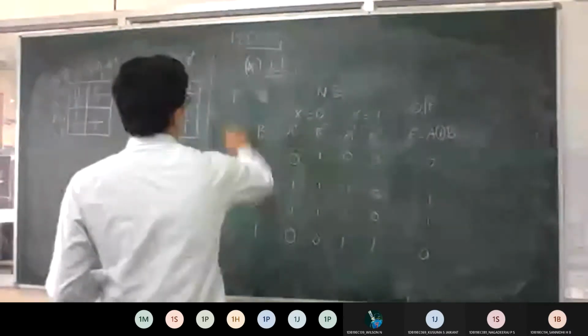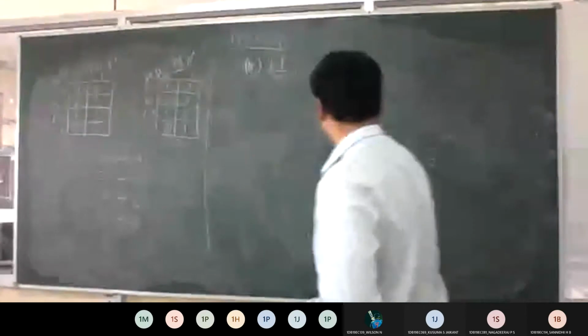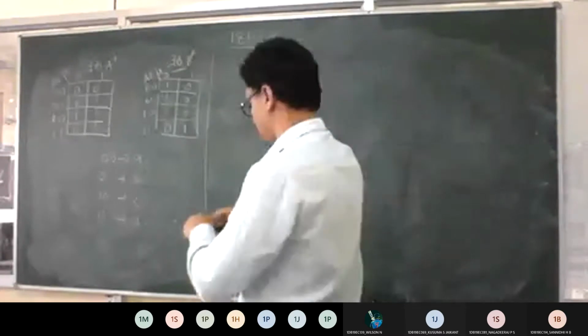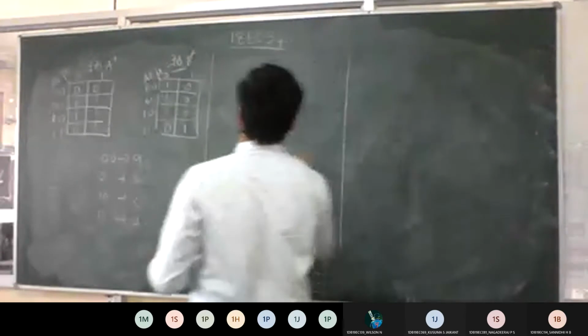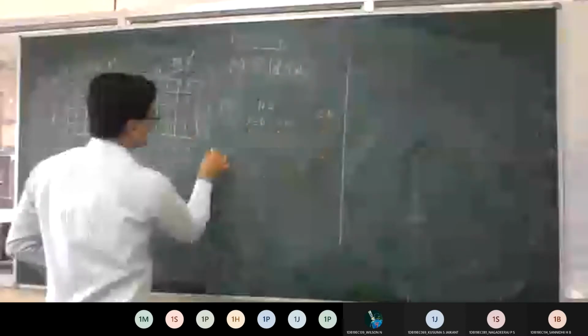Let me erase this. Build a new table, step number 5. State table: state, next state in the two categories, and last is the output part.